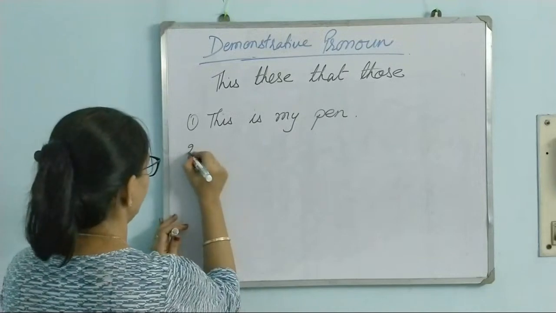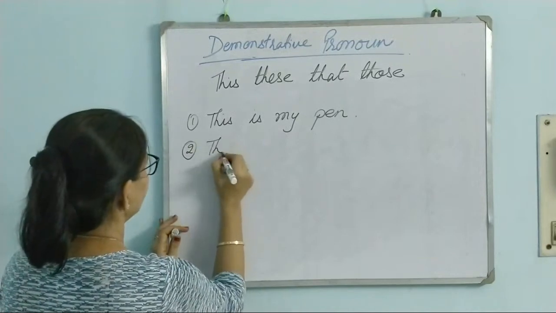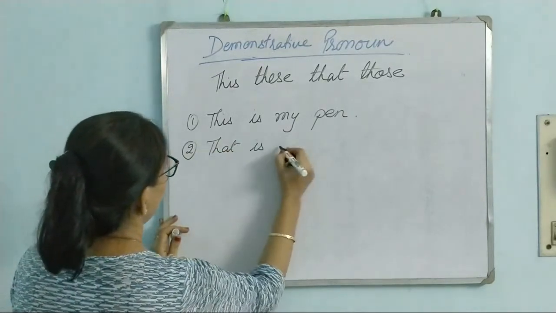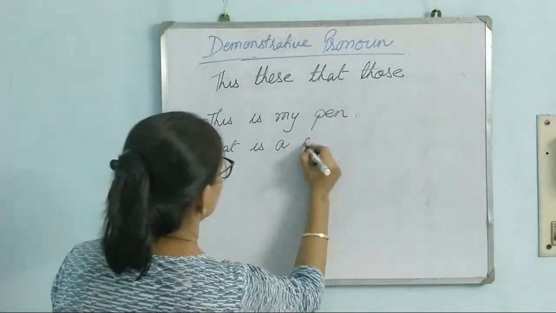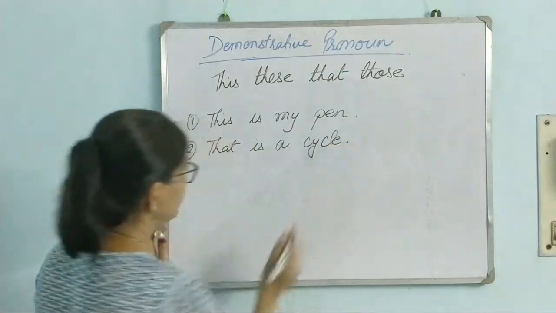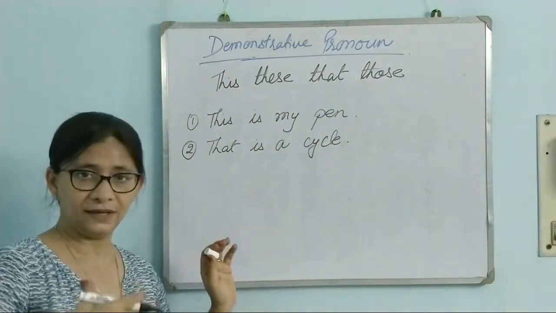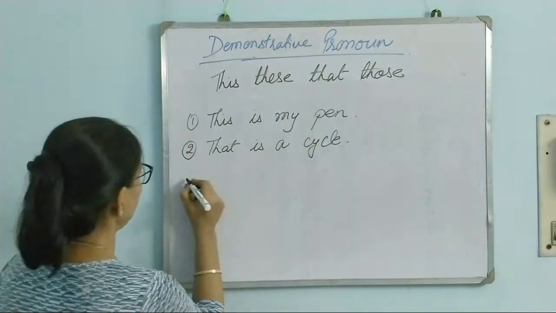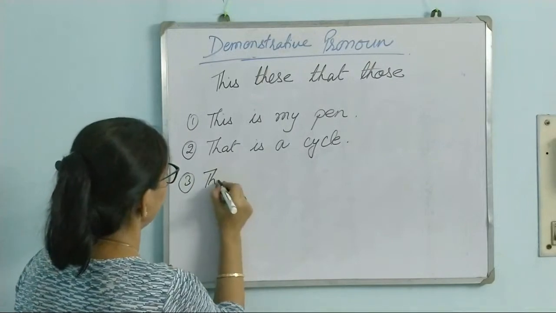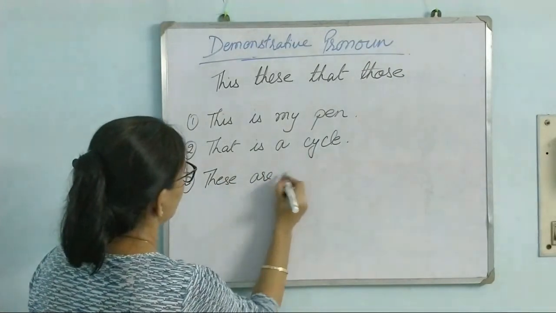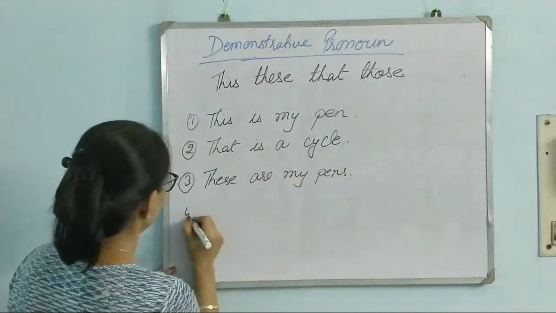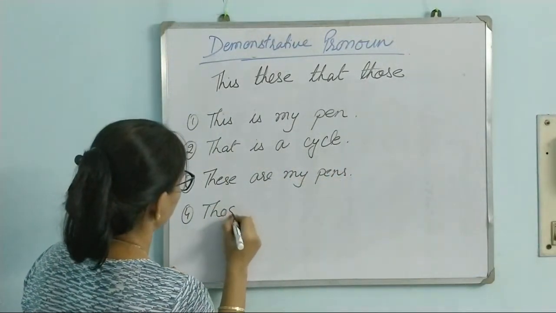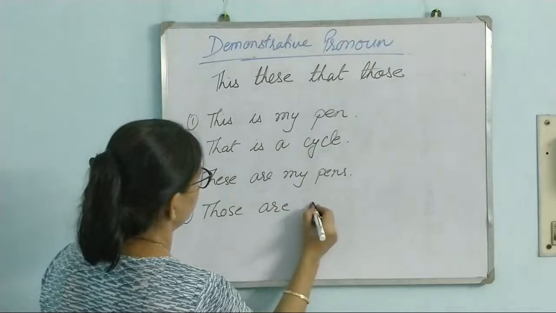Now, if something is very far, that is a cycle. That we refer to when the thing is very far away. And if it is plural, it will be these are my pens and those are cycles.